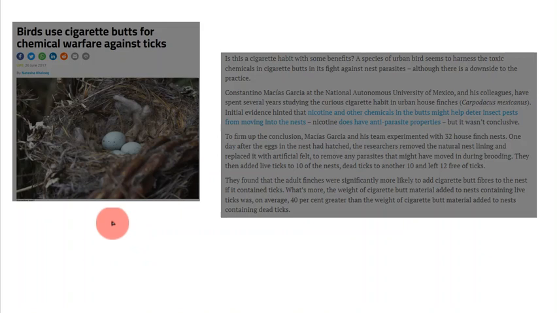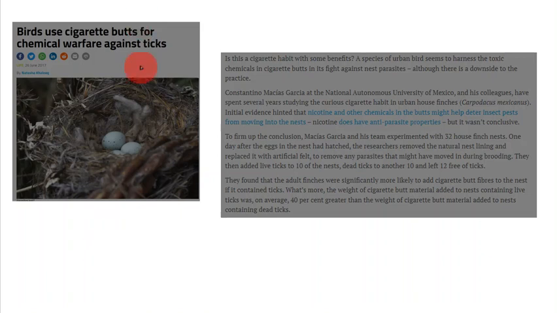So what was happening was birds were using used cigarette butts, which would have had small amounts of nicotine in the filter. Nicotine is the chemical in cigarettes that makes them addictive.